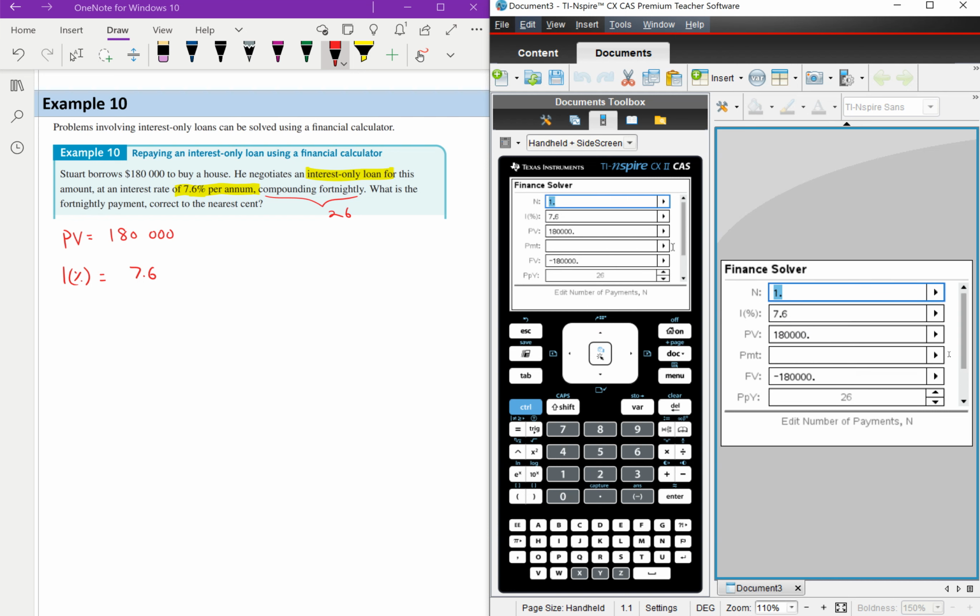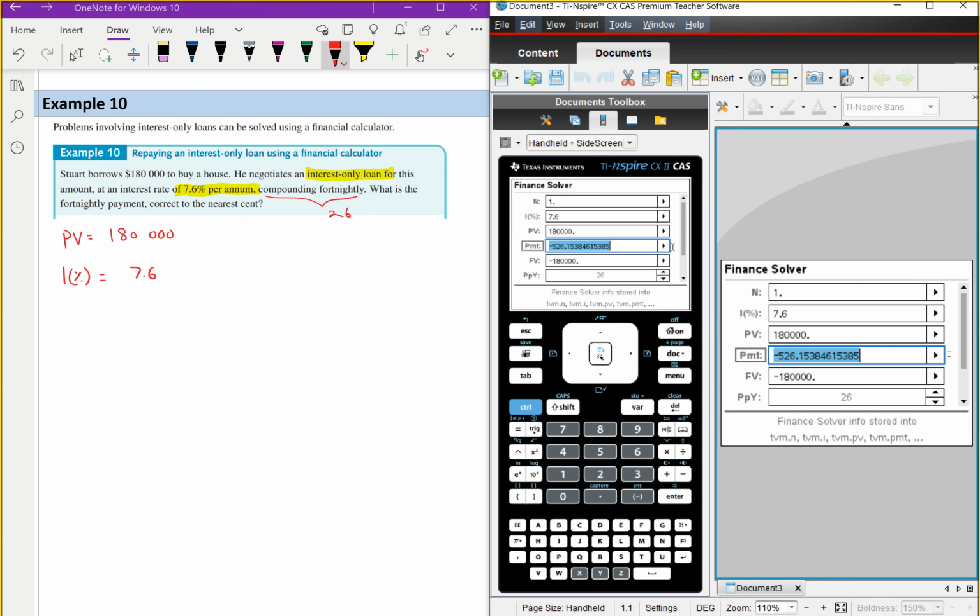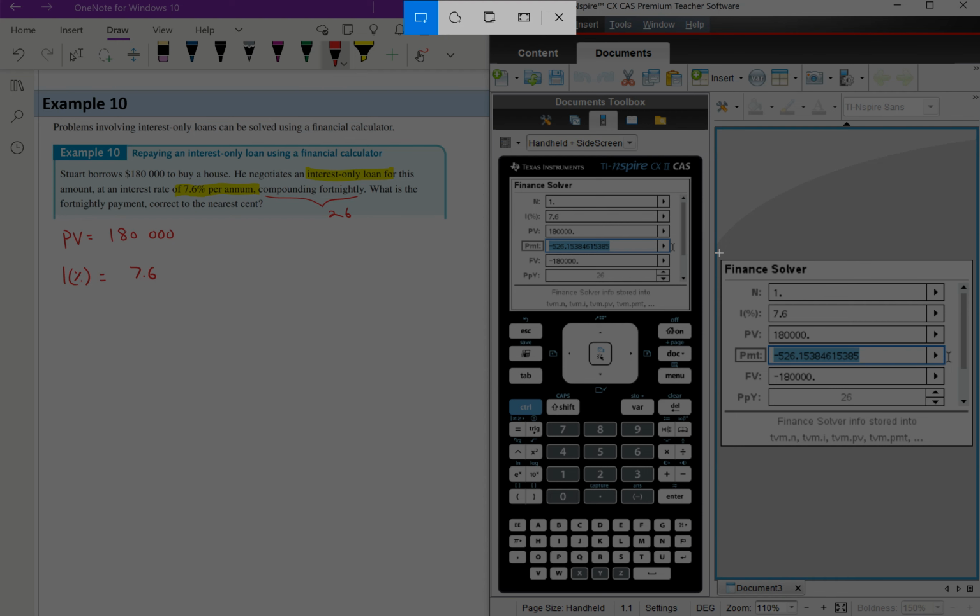I want to know in 1 year, compounded once. So how do I work out the payment? The main thing was the future value is negative 180,000. Here I press enter in PMT, and that gives me negative 526. I'm just going to screenshot this.